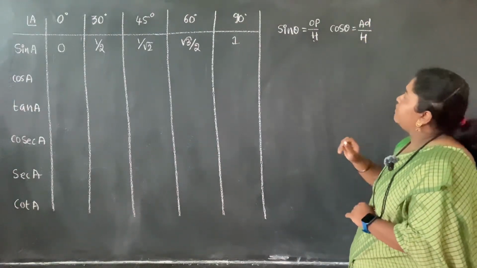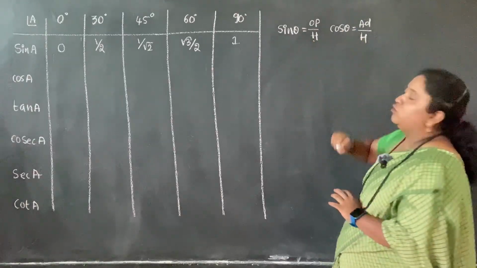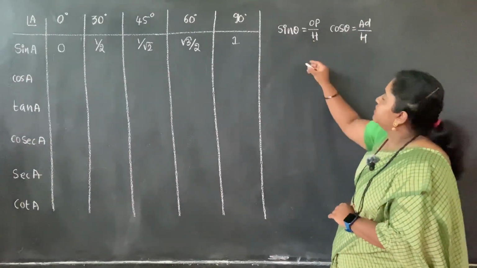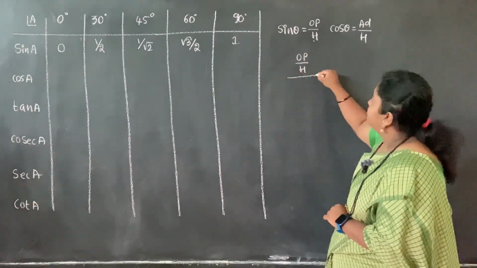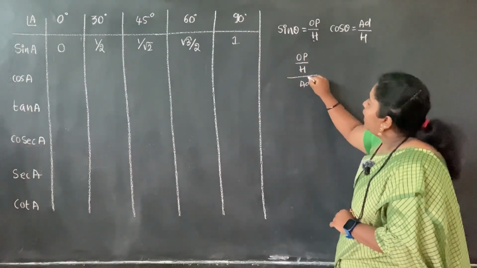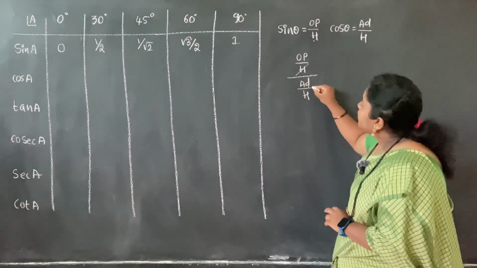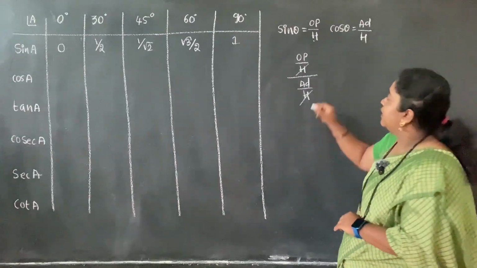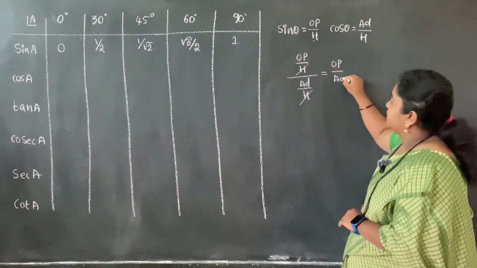Now I will divide the sine value by the cos value. Opposite by hypotenuse is the sine value, adjacent by hypotenuse is the cos value. The hypotenuse got cancelled. I got opposite divided by adjacent.